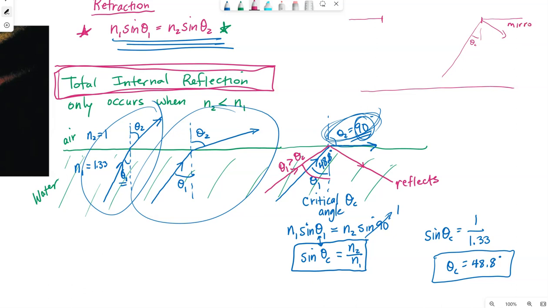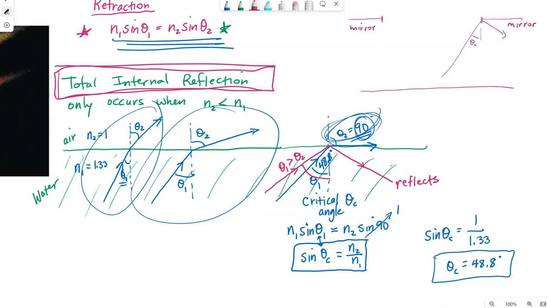So if you look above you at the surface of the water, it will look as if the surface away from you is a mirror. You don't see out of the water at all. And then there will be a region that you see through and you can see out into the air.